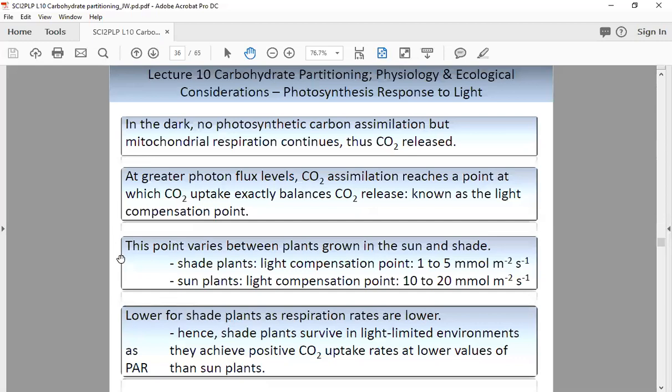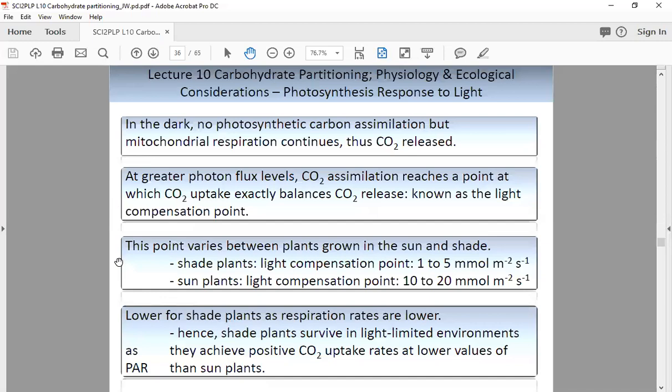It's interesting also to note that the light compensation point of shade plants is in the range of 1 to 5 micromoles, whereas in some plants, the light compensation point ranges from 10 to 20 micromoles. And so let's think of why this might be the case. Mostly because respiration rates in shade plants are very low.